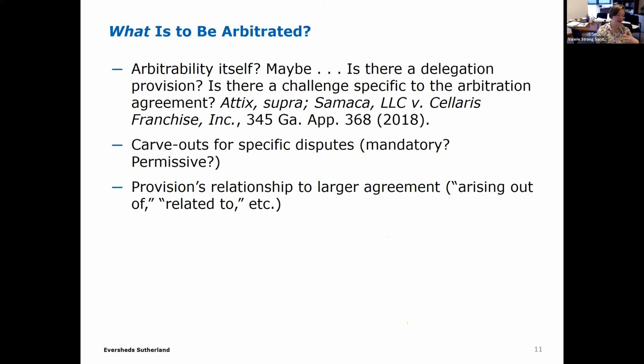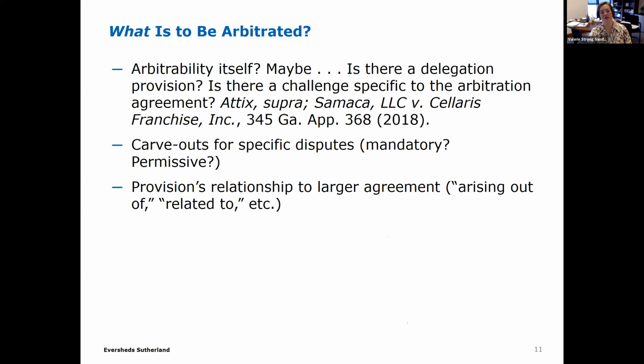It's not uncommon to encounter carve-outs for injunctive relief. We're agreeing to arbitrate everything, but a party can go to a court for injunctive relief if necessary, thinking of TROs, although you can generally get emergency injunctive relief in arbitration as well. Still, this is not an uncommon carve-out.